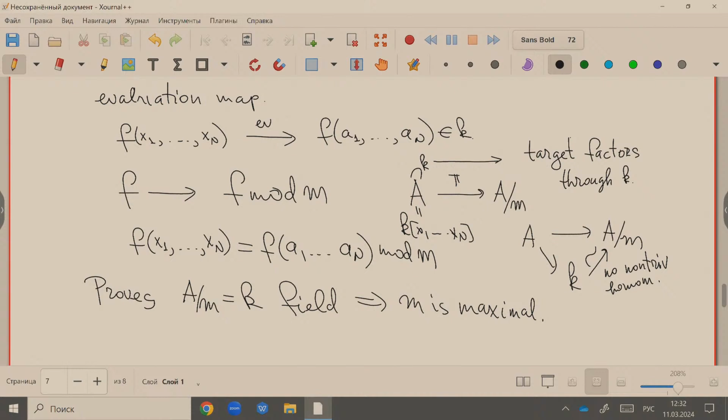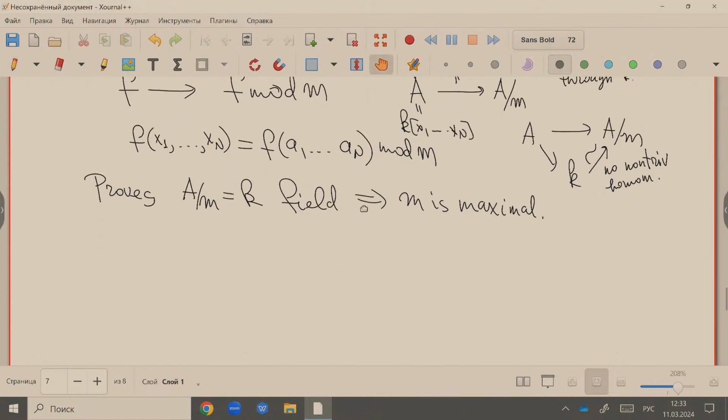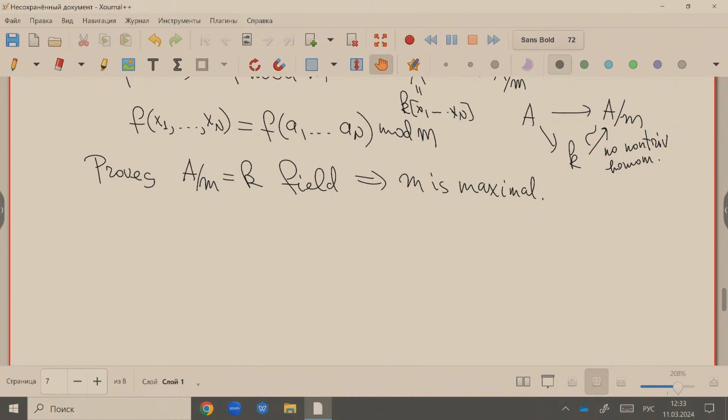So now we have proved that M is maximal. Now you can ask about the inverse problem. Can you say that all maximal ideals are coordinate ideals, that they come from coordinates? So the question is precisely the correspondence.